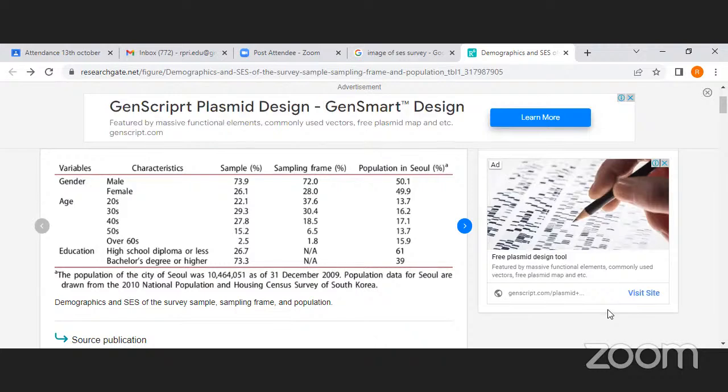And if you add them, this 50.1% plus 49.9%, then you will get 100. Okay.